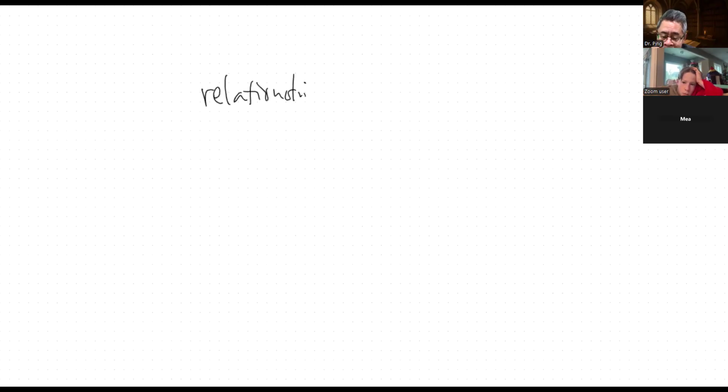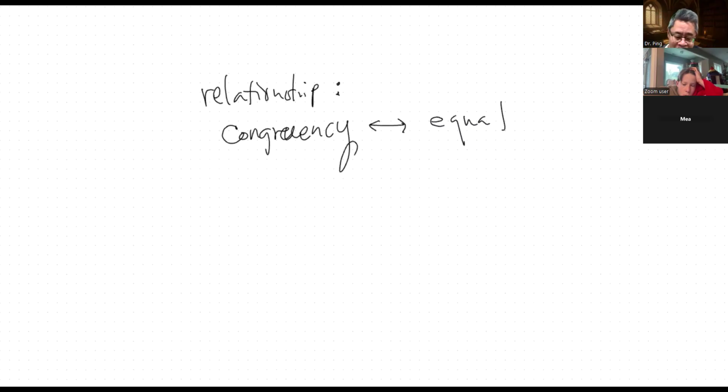What we want to learn about triangles is their relationship, that means between two triangles. There are two things we're going to learn. One is called congruency. Congruency in geometry basically means equal. We know geometry came from the ancient Greeks, so there's a lot of Greek influence on the names we have. So instead of saying equal, we say they are congruent.